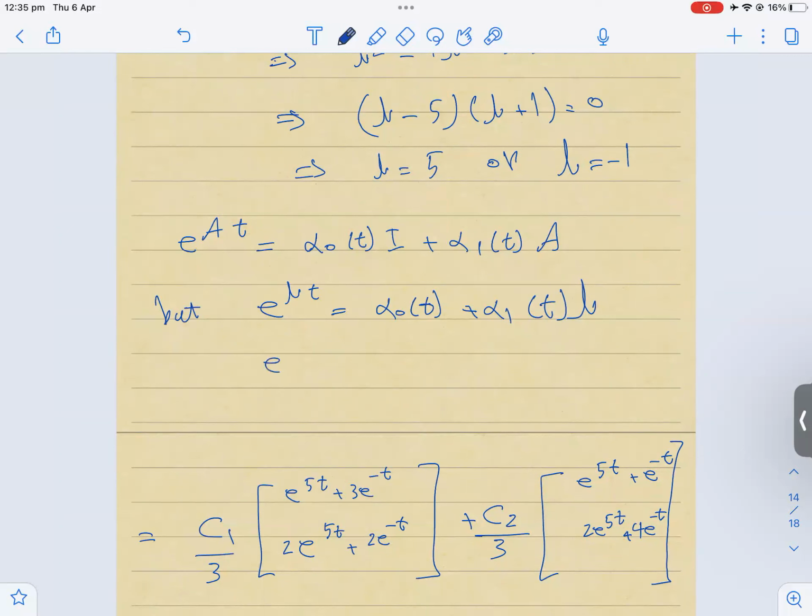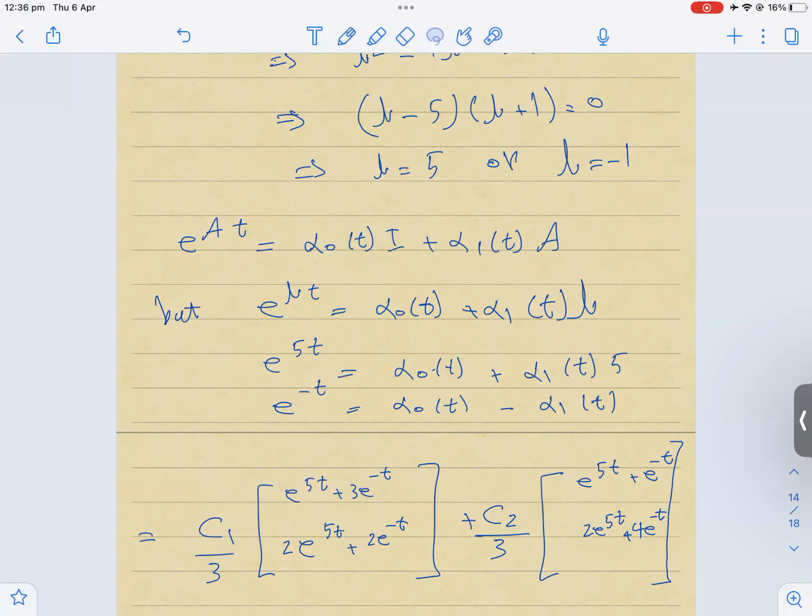So this will be e to the 5t equals alpha 0 t plus alpha 1 5. The other one is e to the minus t equals alpha 0 t minus alpha 1 t.